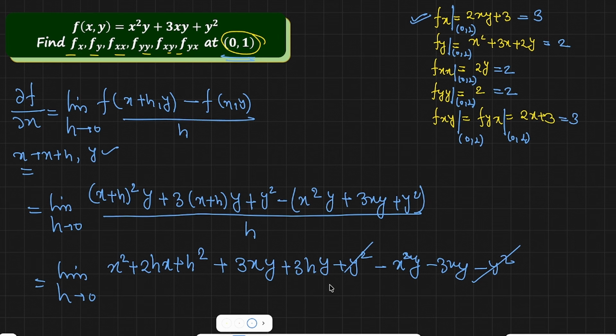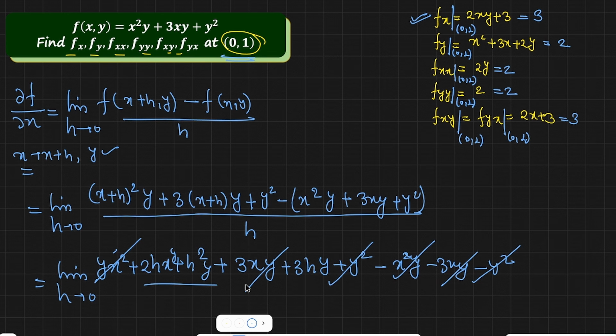So y square and y square get cancelled. This is multiplied with y, sorry for that, so here it is multiplied with y. So this x square y will get cancelled, and 3xy will get cancelled.